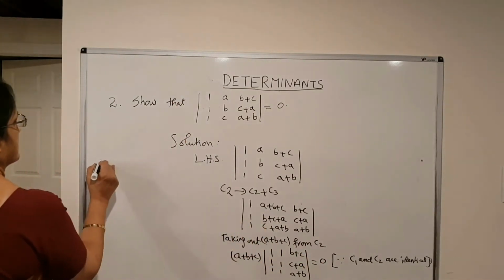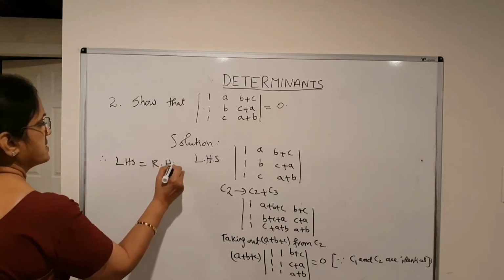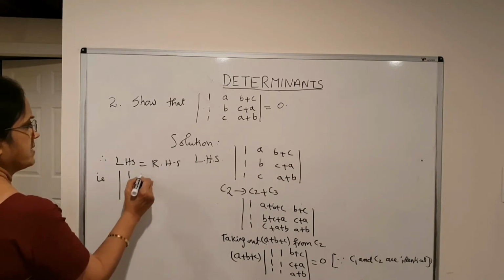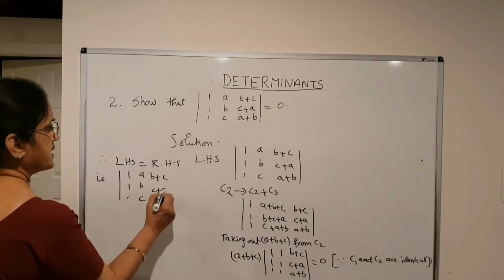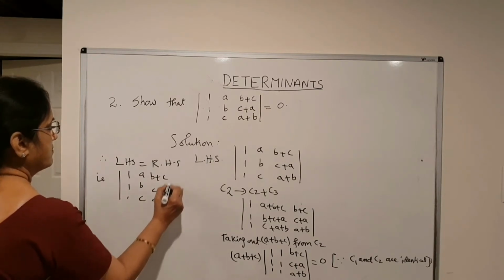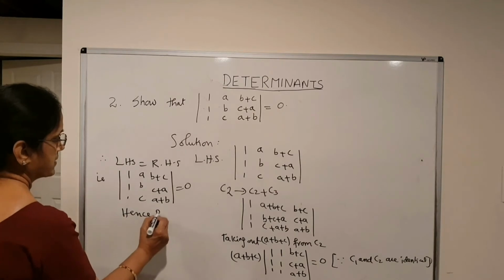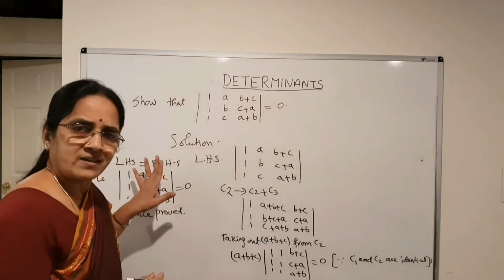Therefore, LHS equal to RHS. That is, what is LHS? Determinant 1, 1, 1, A, B, C, B plus C, C plus A, A plus B, which is equal to 0. Hence proved. This is how you will be concluding your answer.